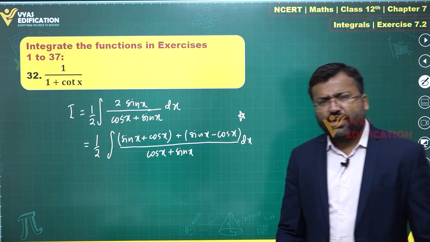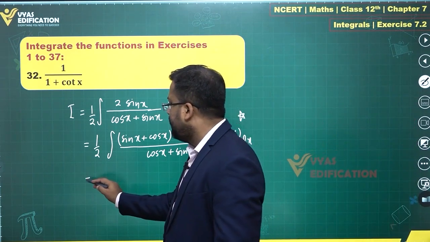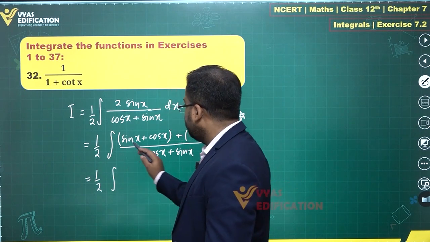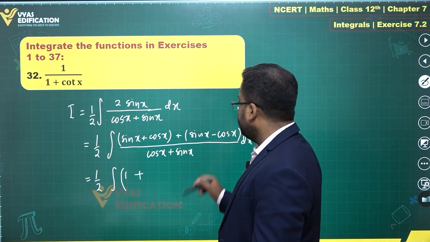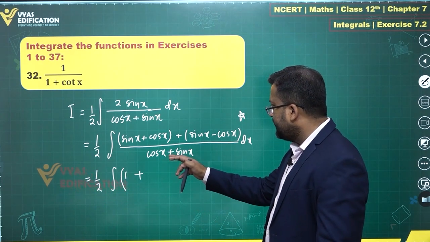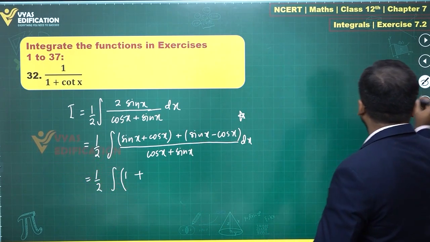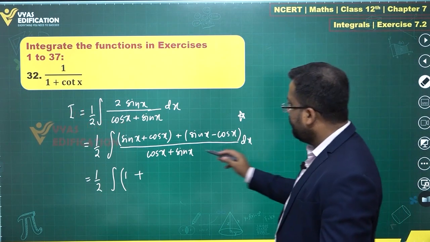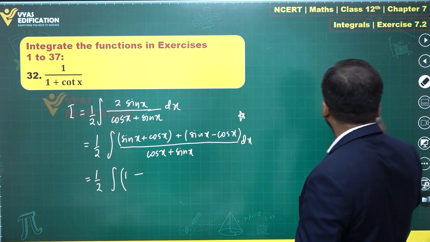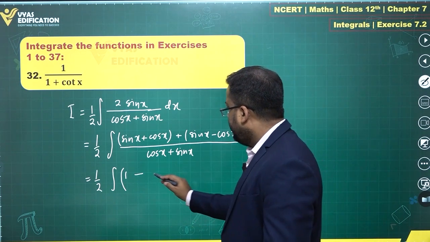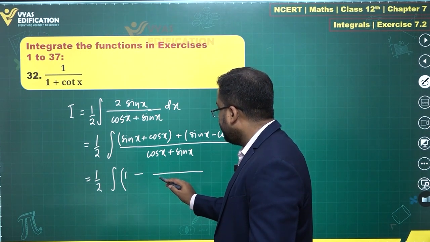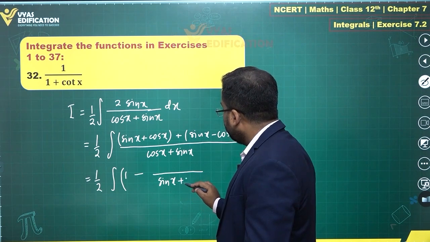These two steps are very, very important, and if you observe these carefully, 1 by 2 integral, this becomes sin x plus cos x over sin x plus cos x, this is 1, plus this becomes, the derivative of cos x is minus sin x, so we can take out a minus common from here. In the denominator you will have sin x plus cos x.